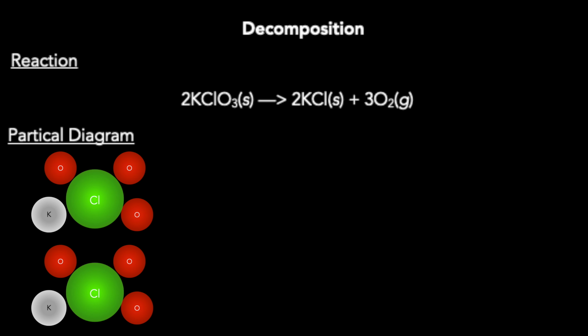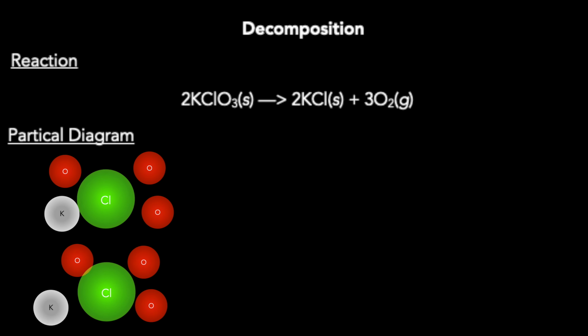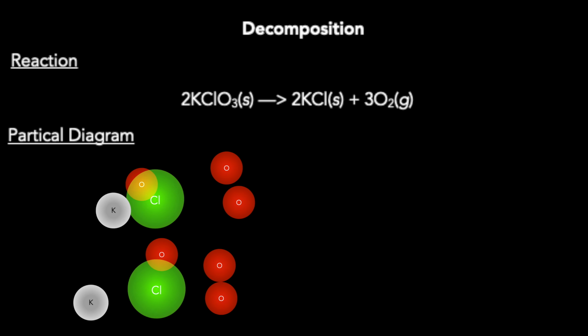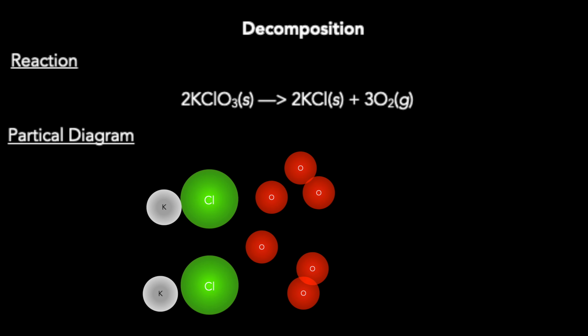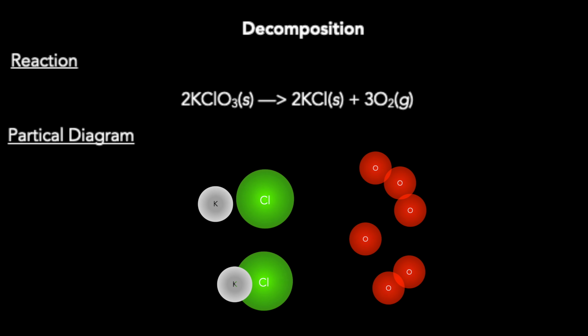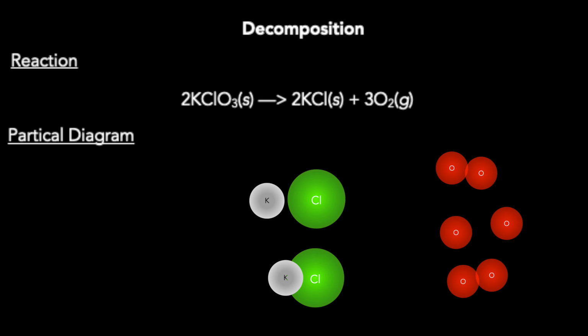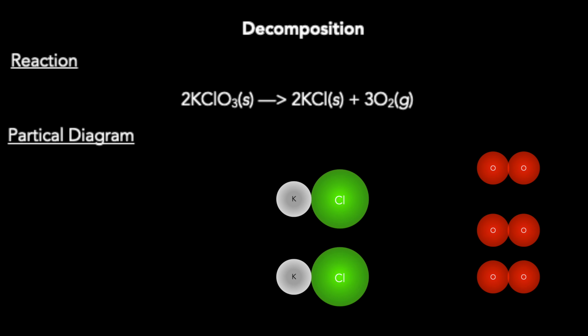When we watch the particle diagram take place, we'll notice that this compound breaks apart into two less complex substances. In this case, an element and another compound. As the reaction unfolds, the potassium chlorate breaks apart into a compound, potassium chloride, and an element, diatomic oxygen.